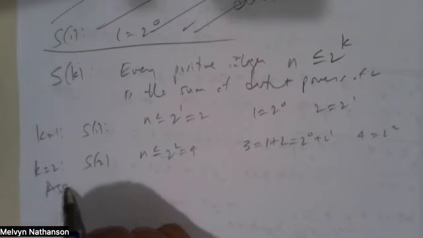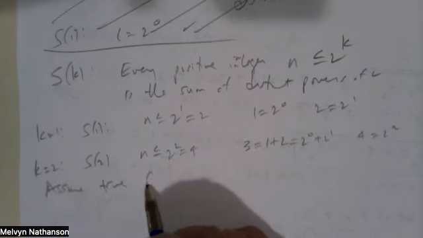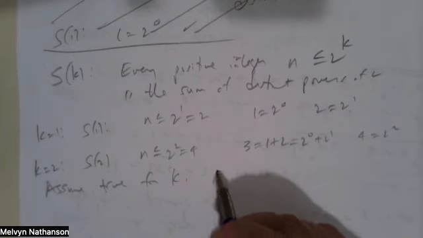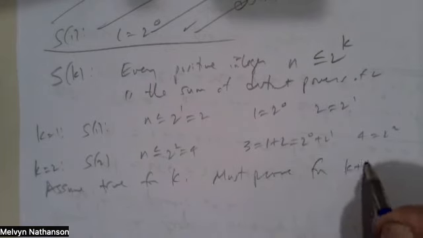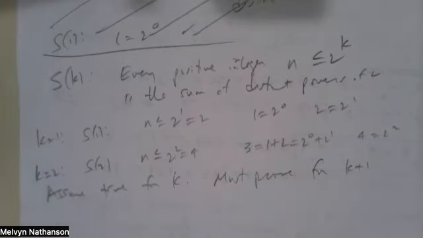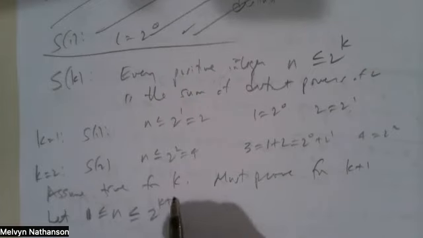So let's assume the statement is true for k, and we must prove it for k plus 1. So let n be an integer such that 1 is less than or equal to n, which is less than or equal to 2 to the k plus 1.